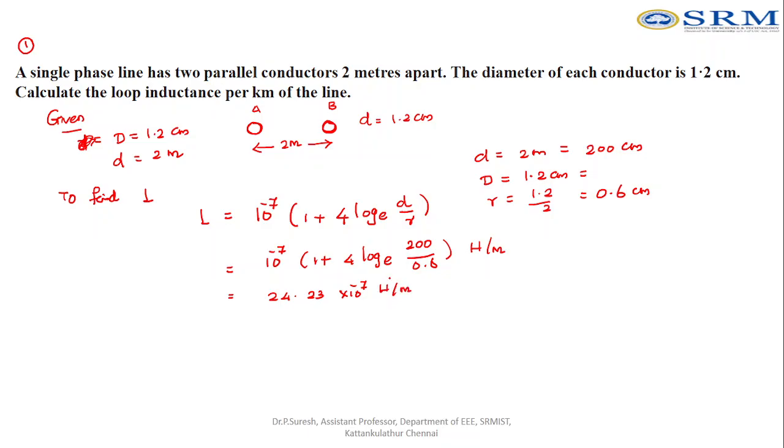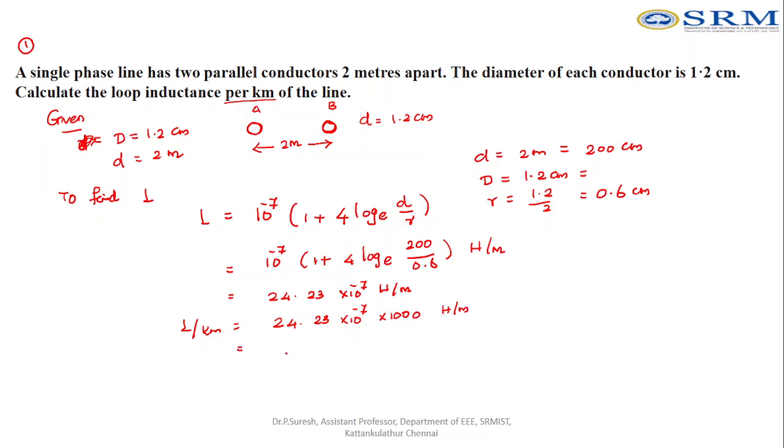But we need the inductance per kilometer, so we have to multiply by 1000. So 24.23 into 10 power minus 7 into 1000.